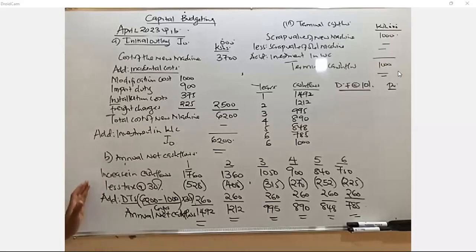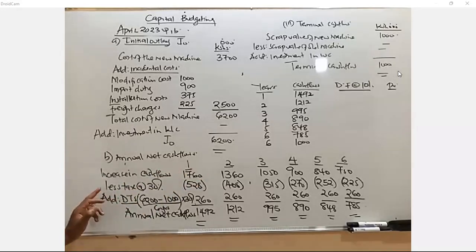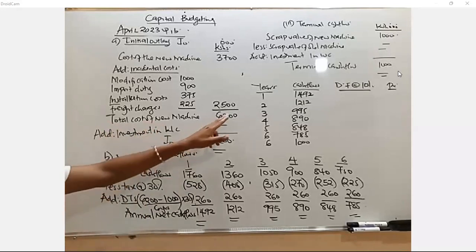We are picking the increase in the cash flows as provided by the examiner. Then we less our taxes, the rate of 30% times the cash flows. Then we add depreciation tax shields, for which we take the cost of the machine, which is the total cost of the new machine.